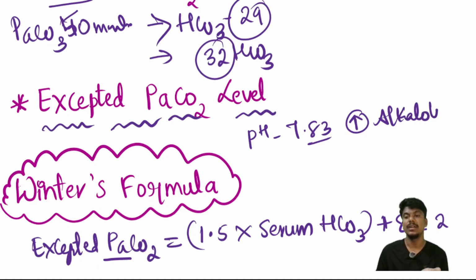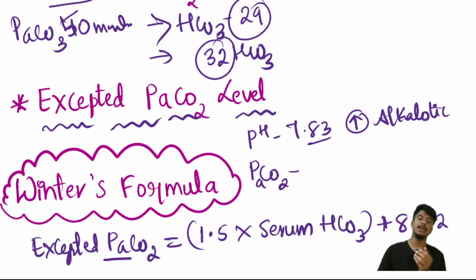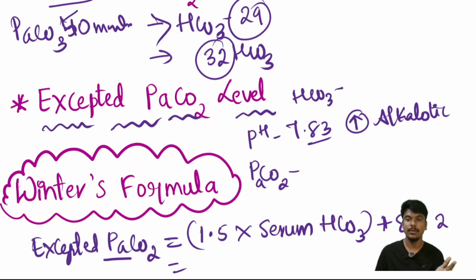So how are your lungs going to respond and compensate for this altered pH? If your lungs are working properly, your normal expected PaCO2 level should be around, if they gave you a pH of 7.83 and a bicarbonate level of 28.